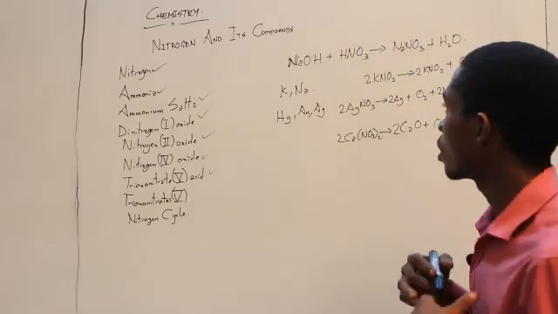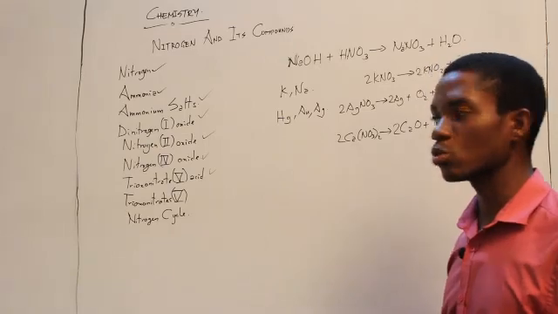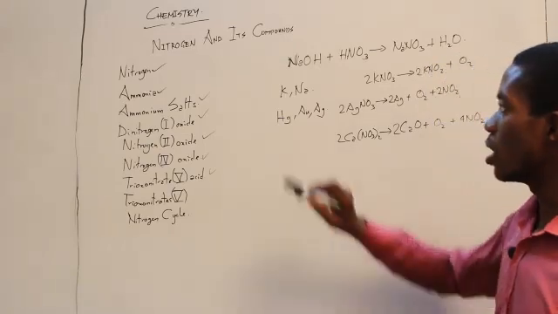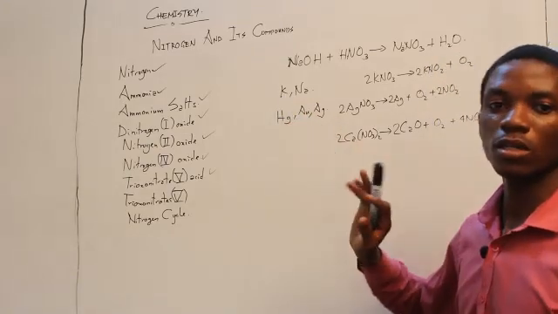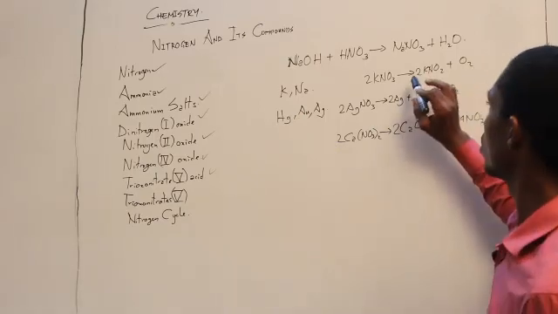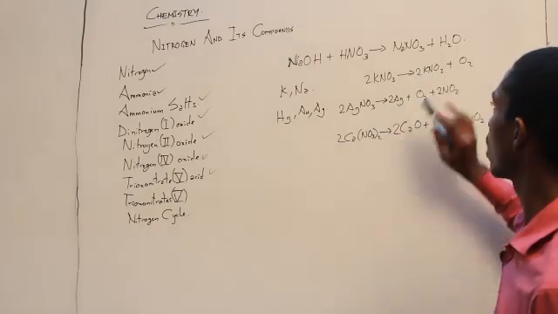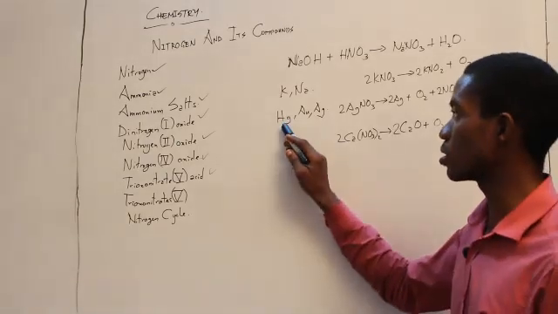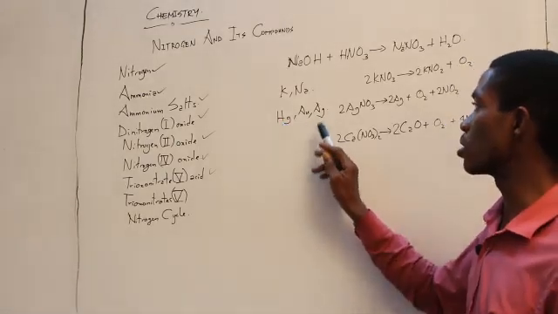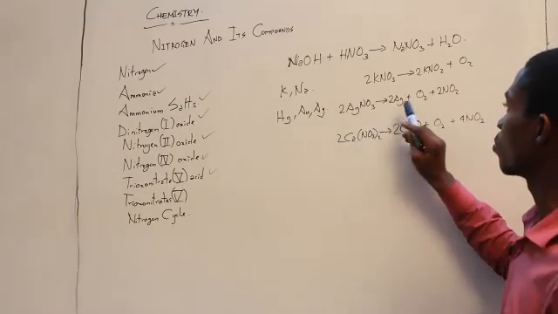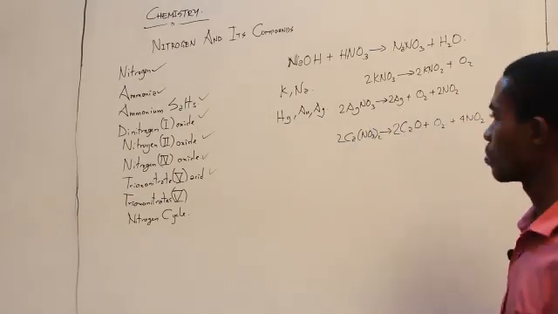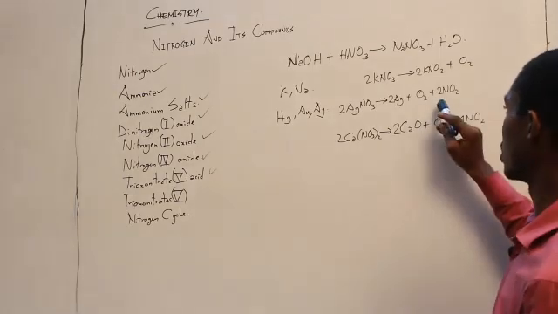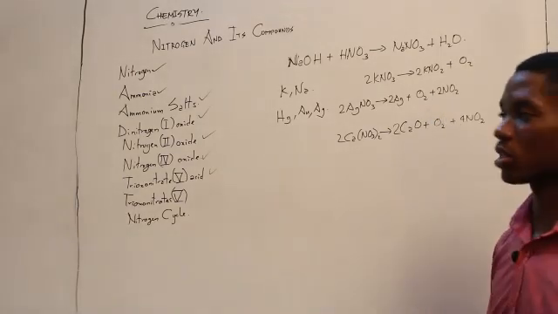Now, all of them do decompose. The sodium and potassium salts decompose to form a simpler salt and liberate oxygen. When it comes to mercury, gold, and silver, they decompose to form the metal, oxygen, and nitrogen 4 oxide.